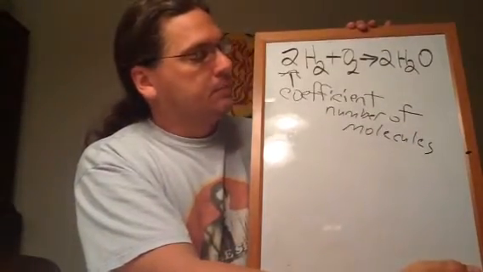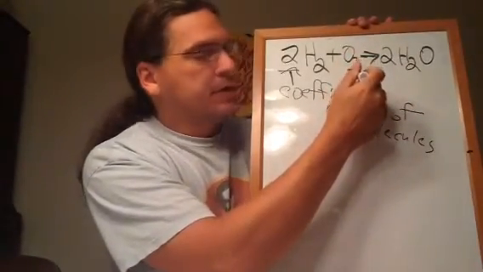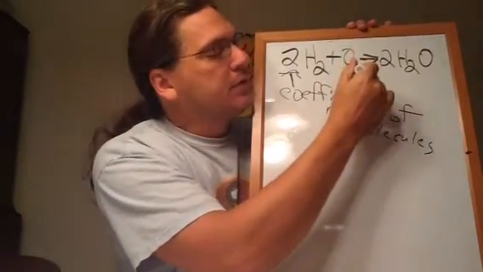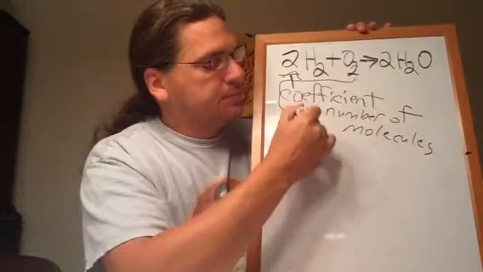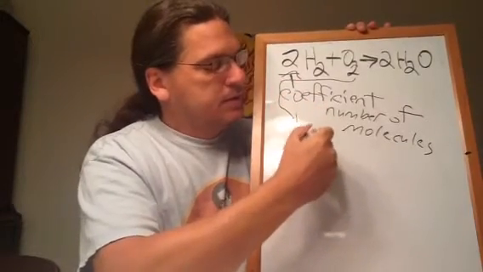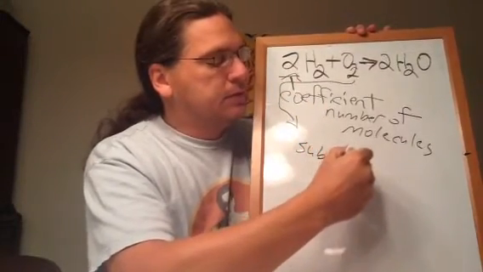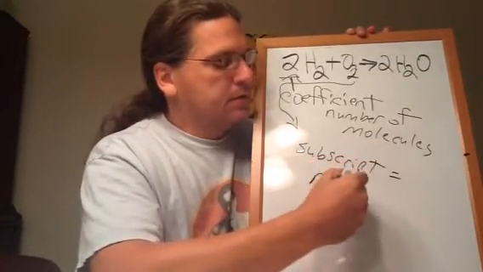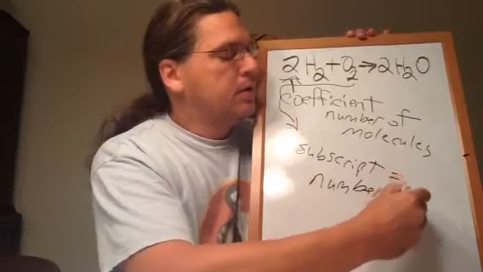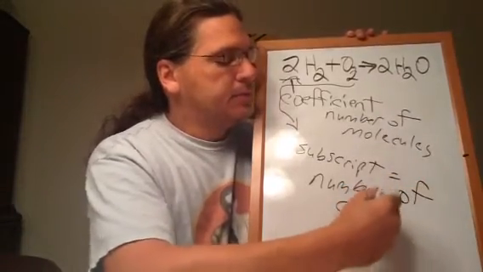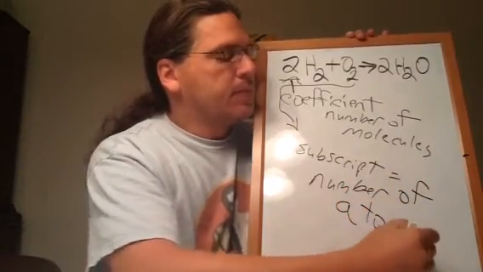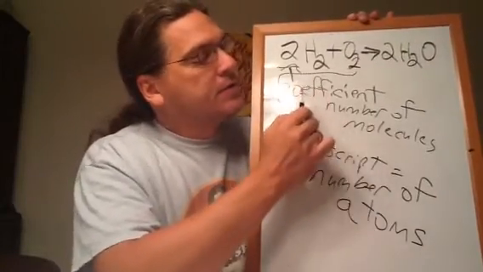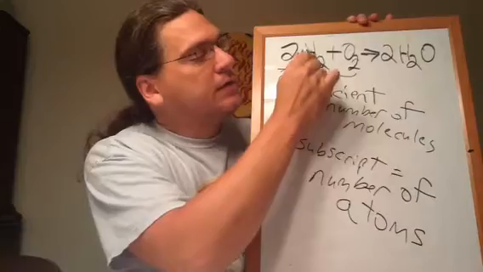Alright. Now this little subscript, because it's written below the line, in this O2, a subscript tells us the number of atoms. So in this case, using those definitions, on the reactant side, there are 2 molecules of hydrogen.